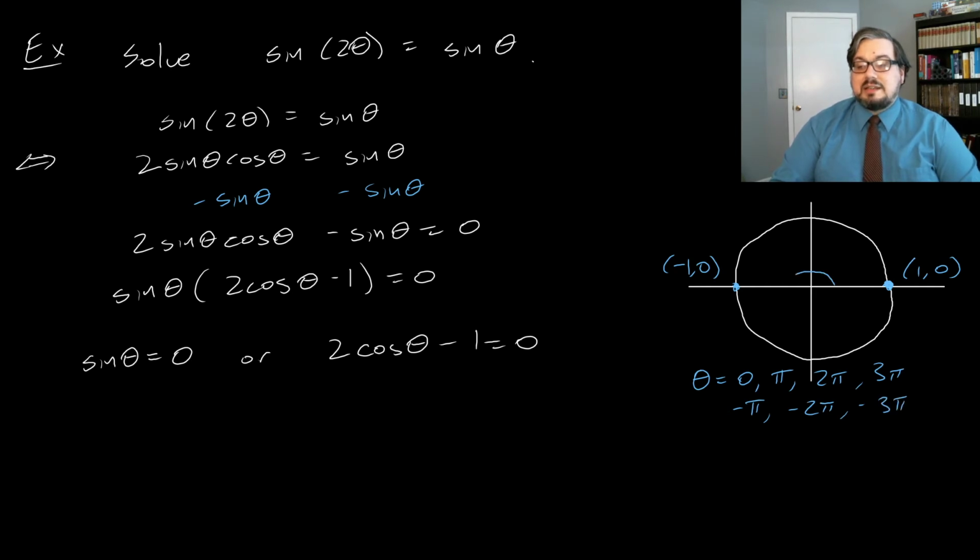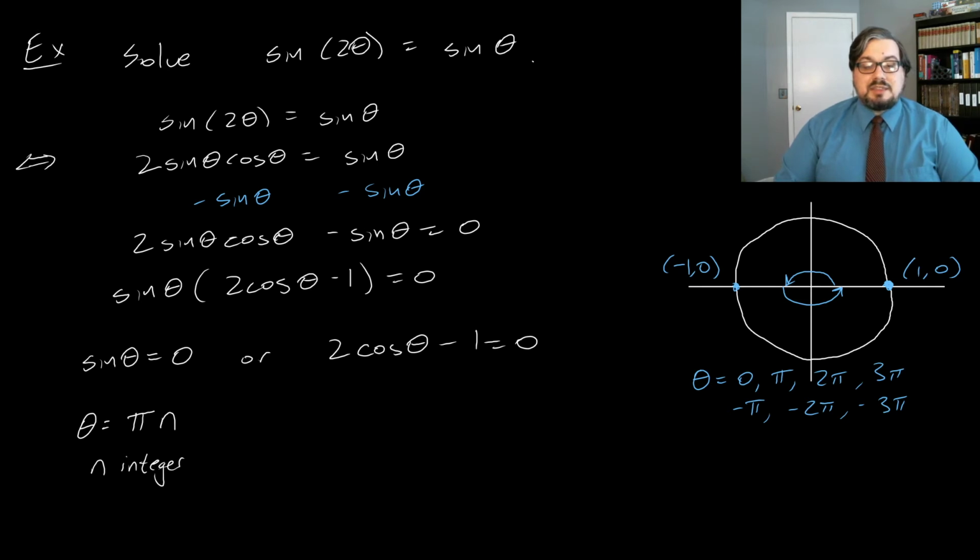Basically, any half rotation around the circle from standard position will get you an angle with a sine of 0. So the solution to this first equation is theta equals pi n, for n any integer.